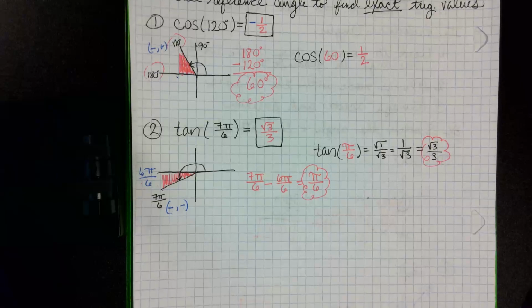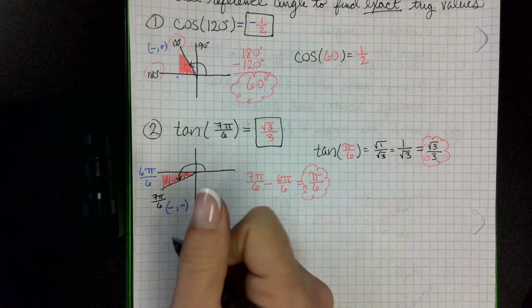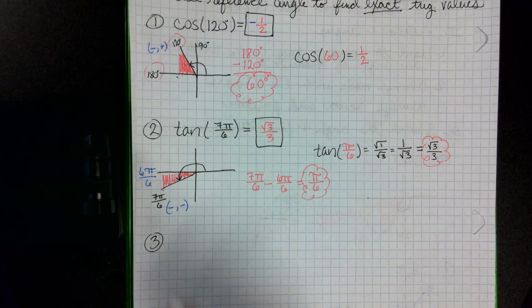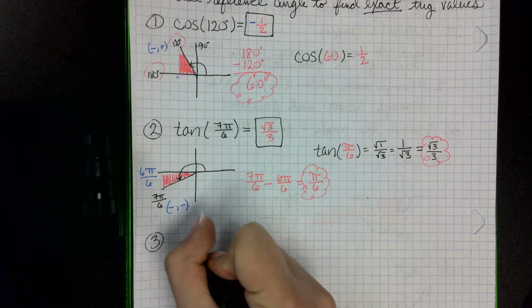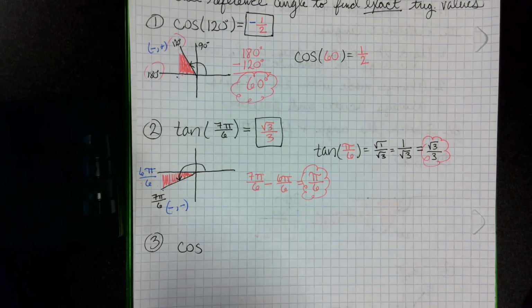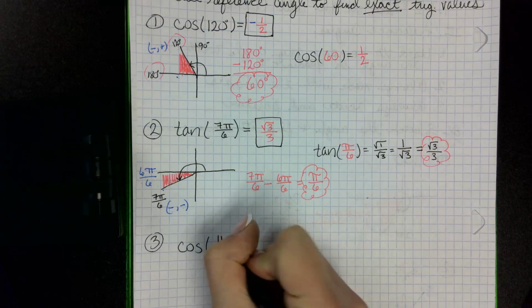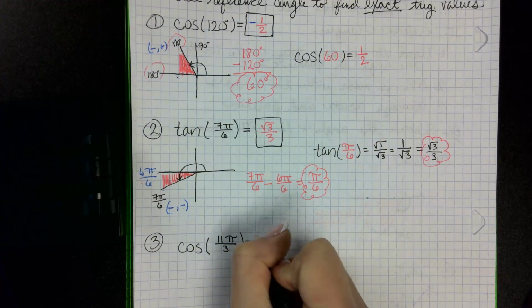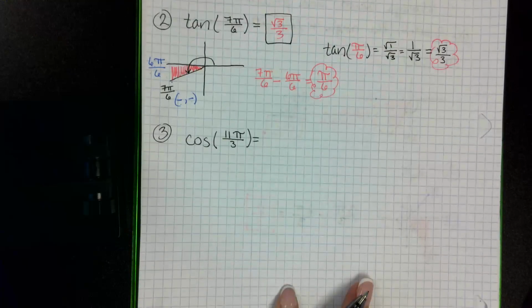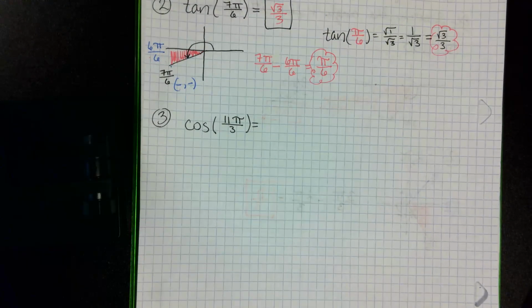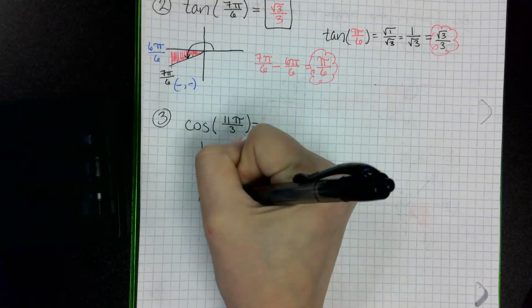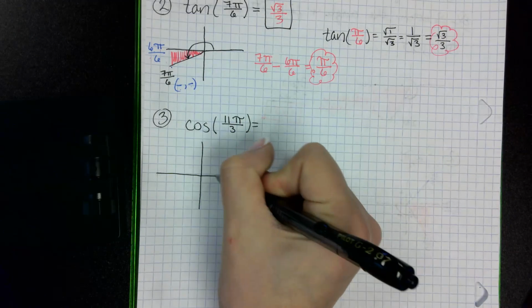I have one more example. Let's do the cosine of 11 pi over 3, the same way as we did the others. I'm going to start again by setting this up.